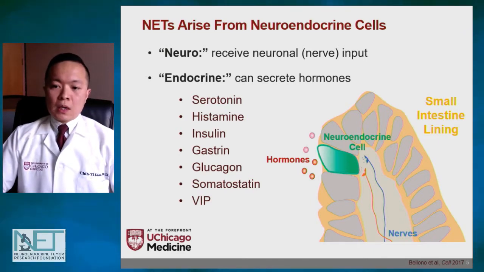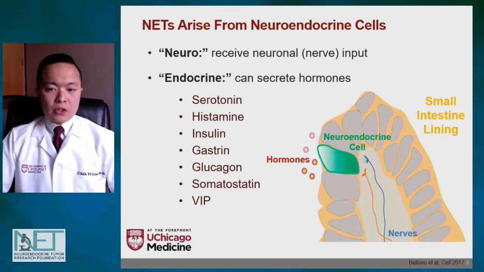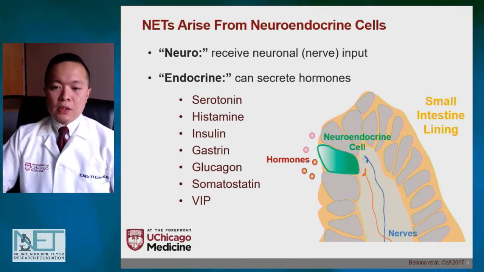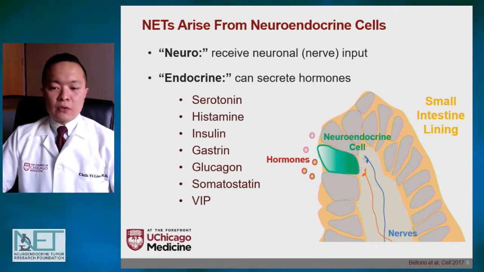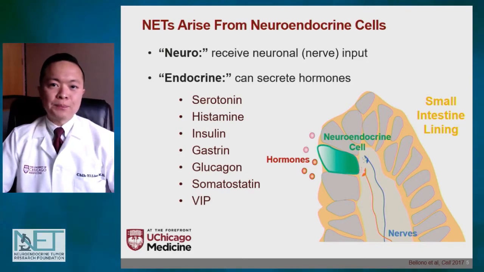Here on the right-hand side of the slide, you can see a close-up picture of the lining of your small intestine. Scattered about the cells that line the small intestine are these neuroendocrine cells, shown in green. As you can see, these neuroendocrine cells receive input from nerves, and they can secrete hormones like serotonin, histamine, insulin, gastrin, glucagon, somatostatin, and VIP.